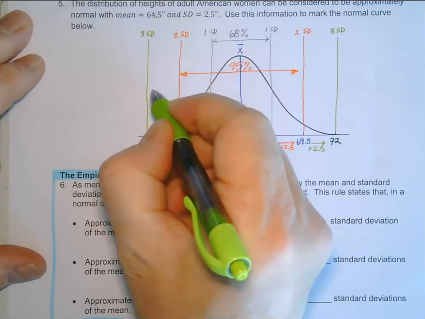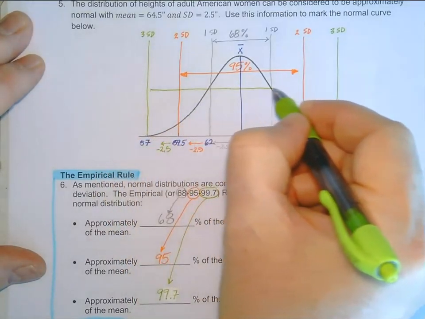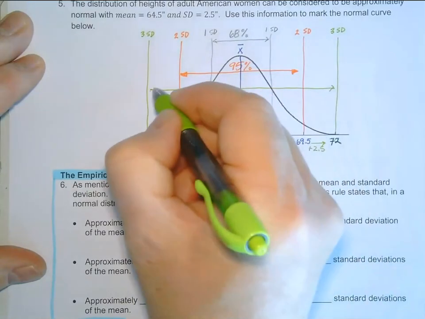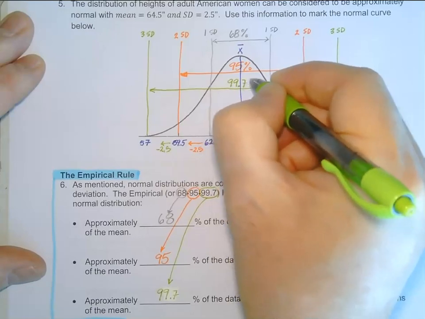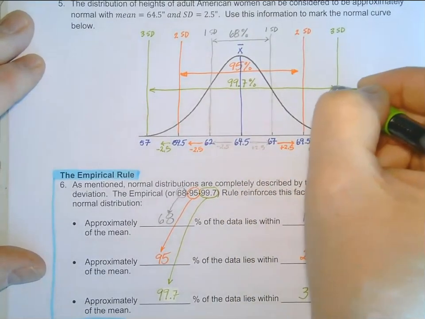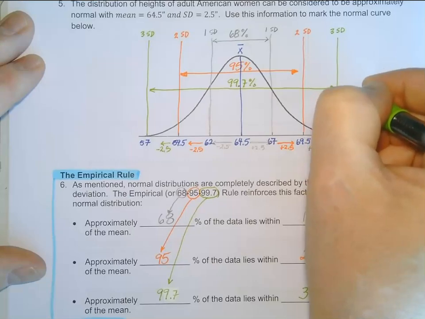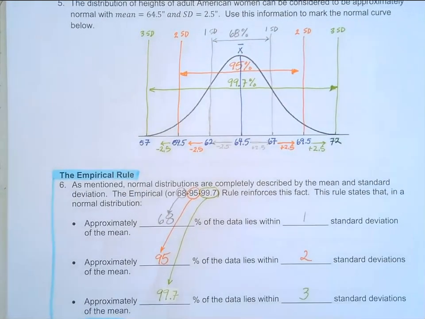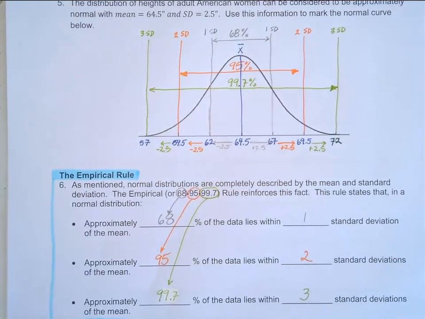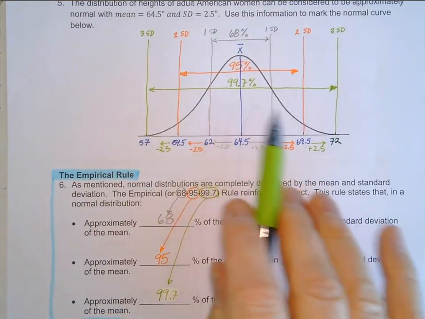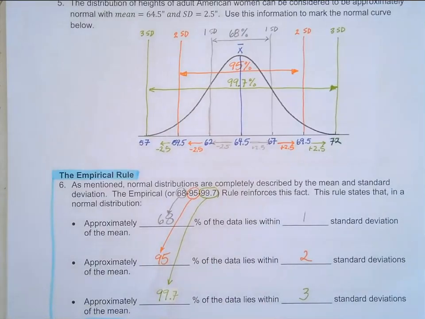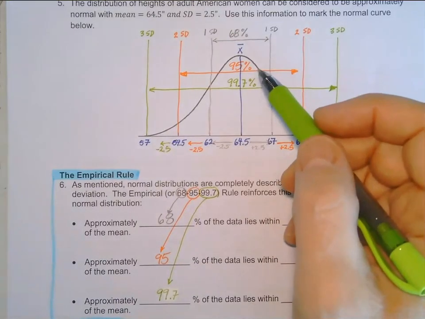And so I'll just draw going from here all the way across to here should be about 99.7% of my data. Okay. This is super powerful. It'll allow us to make predictions and things along those lines. Are we okay with that?